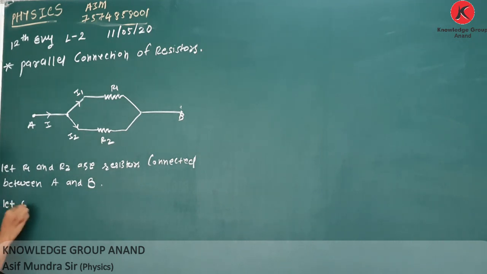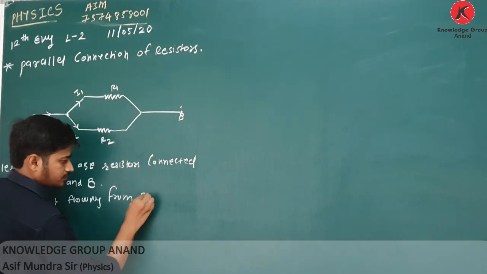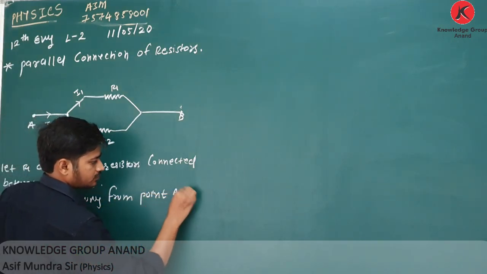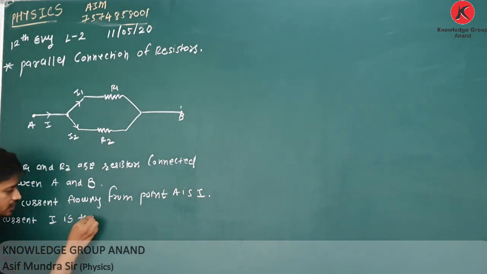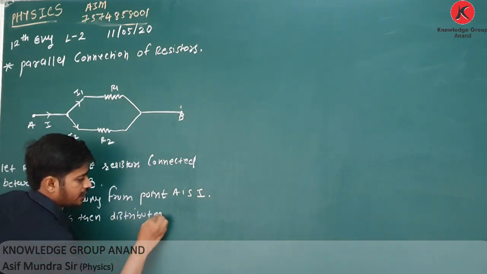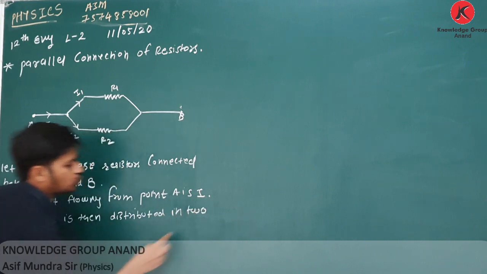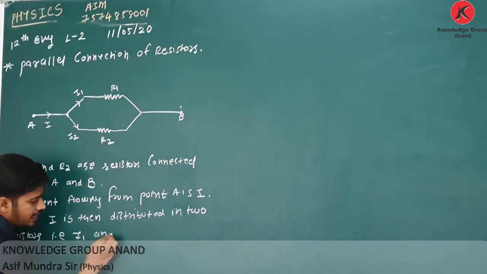So let the current flowing from point A be I. This current I is then distributed in two resistors, that is I1 and I2.